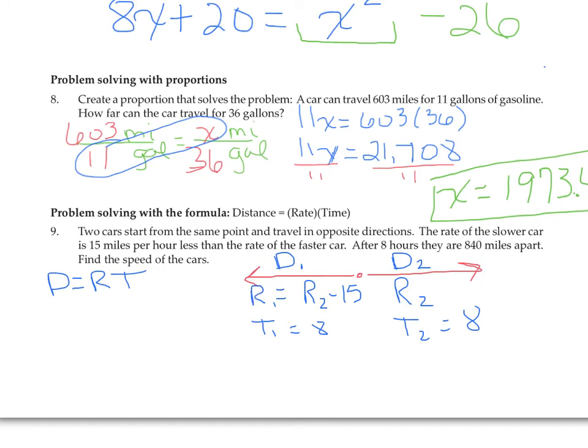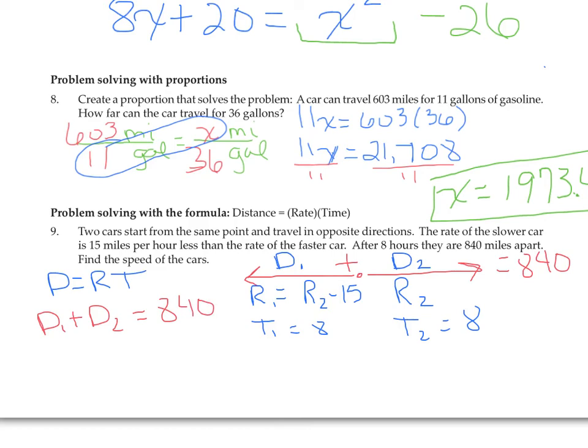So what that means is that if I add distance 1 plus distance 2, it's going to equal 840 miles. So that's where I'm going to actually start. I'm going to start with distance 1 plus distance 2 equals 840 miles.